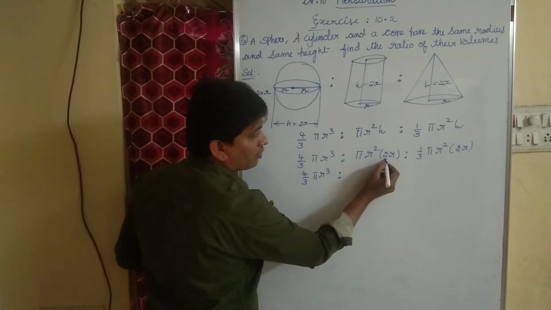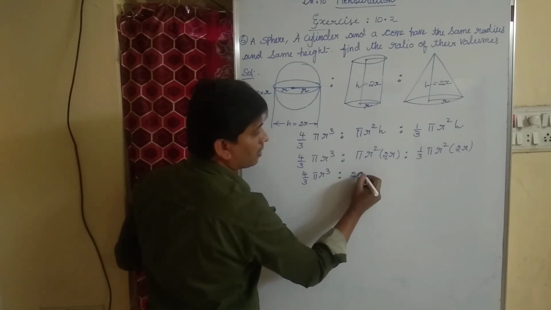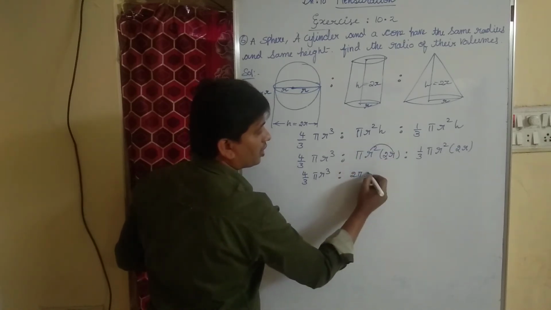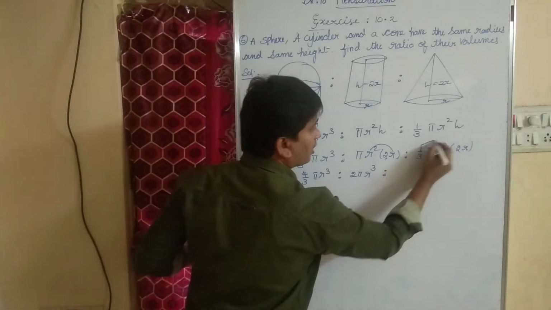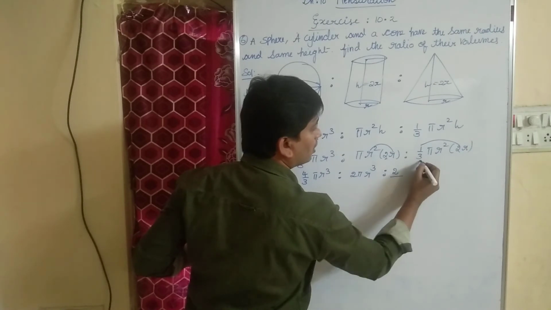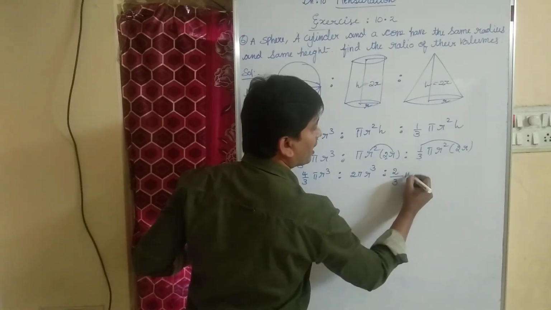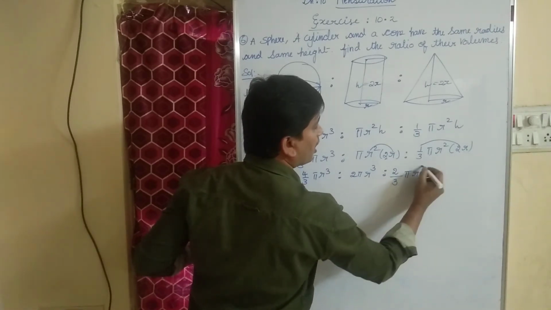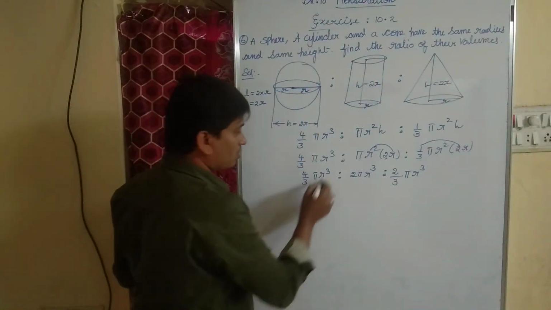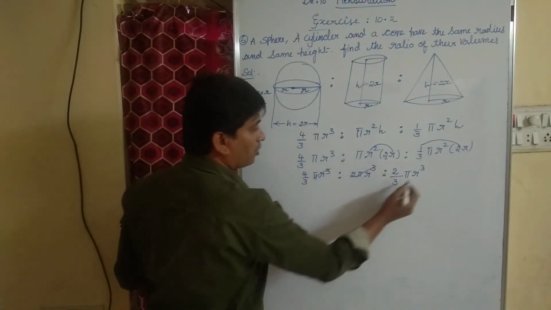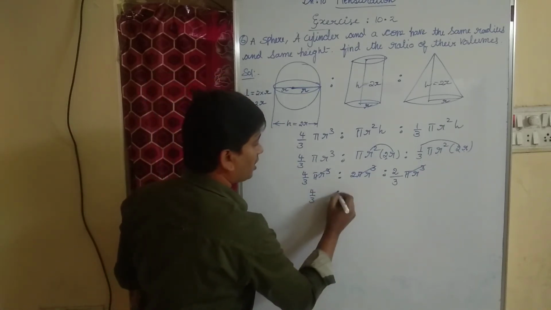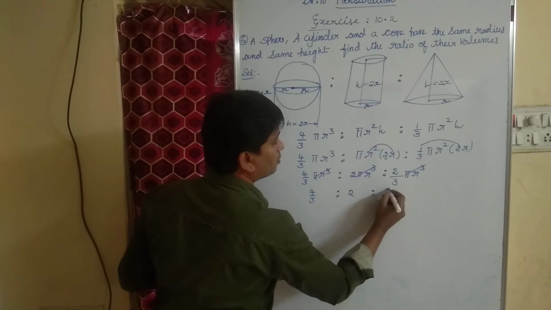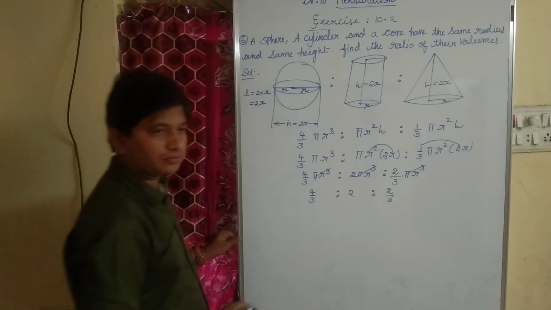First let me write the constant 2, then pi r square into r cube. Again here 1 into 2, 2 divided by 3, then pi r square into r cube. So pi r cube cancels. So 4 by 3 is to 2 is to 2 by 3.